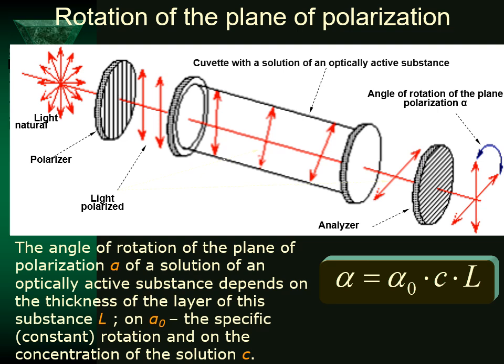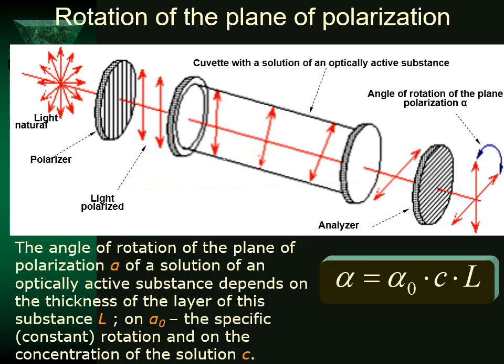And then the light coming from the bulb passes through the first polarizer, that is, natural light is converted into polarized light. Look, this is the chosen plane of polarization, and accordingly, the fluctuations of the vector E of the light vector.